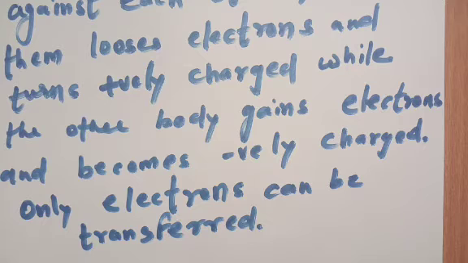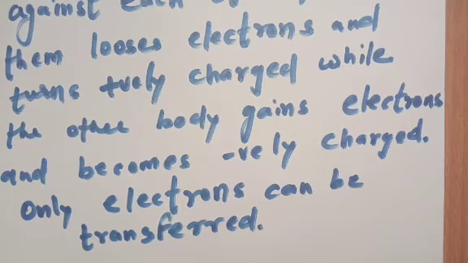But the protons cannot come out of the nucleus when you rub two bodies, because on rubbing the energy provided is too less to bring out a proton from the nucleus. So only electrons can transfer from one body to another. One loses them and the other one gains them.